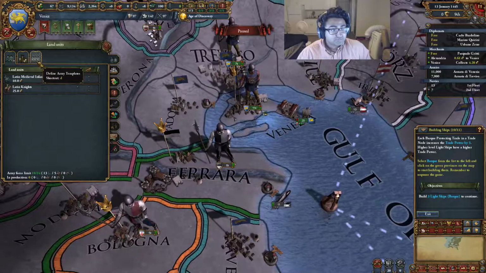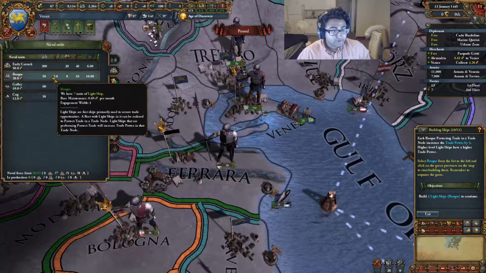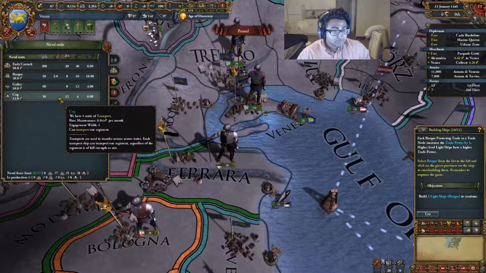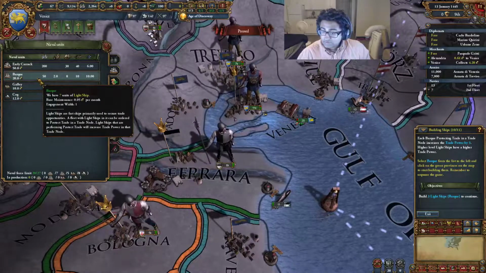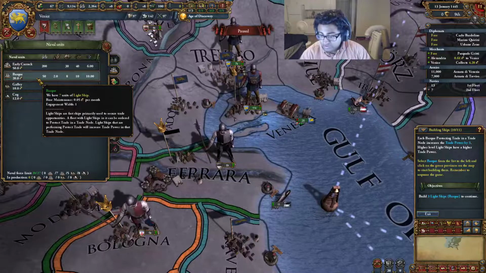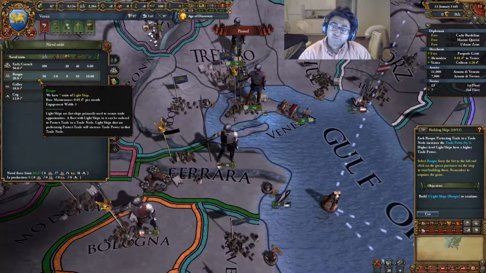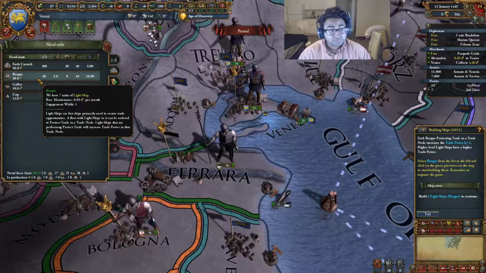Interesting. Naval units. Bark. Select bark from the list to the left, and click on the green provinces on the map to start building them.